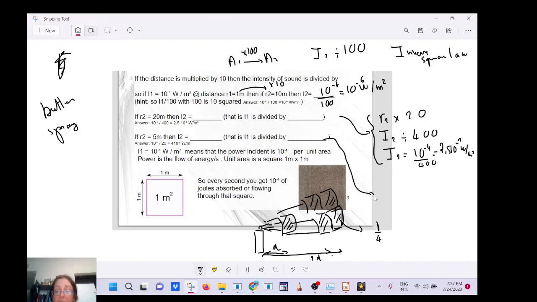Here, if you multiply the distance by 5, R2 is multiplied by 5, so then I2 is going to be divided by 25.